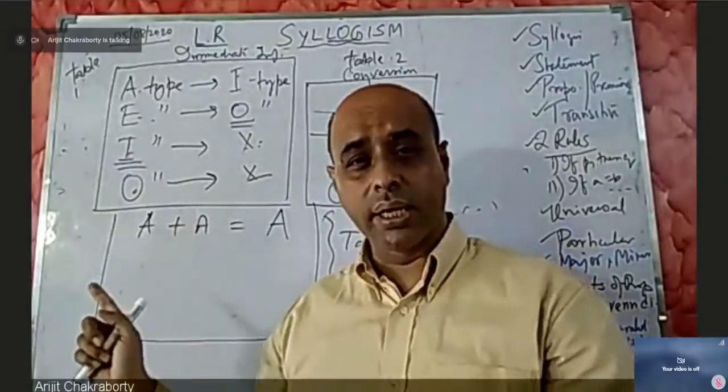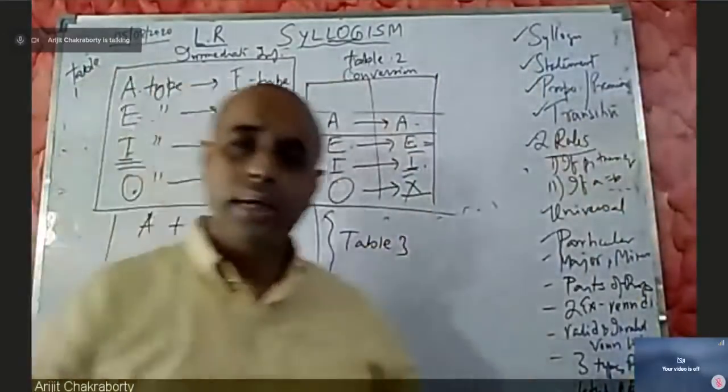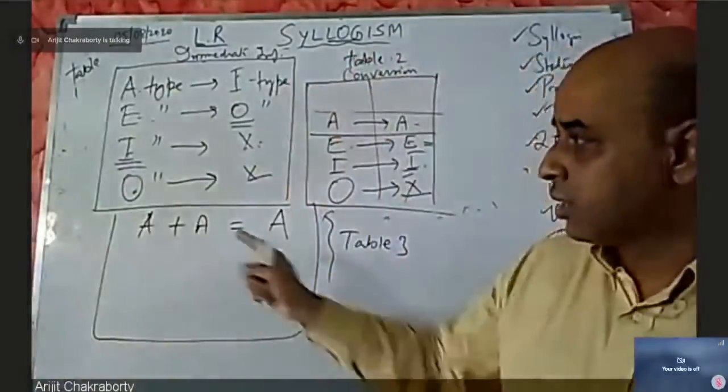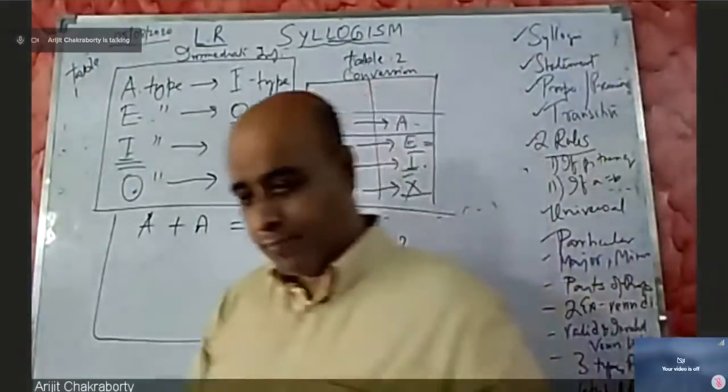I'm sure it's getting clear to you because we have done the entire foundation. So many concepts we have cleared so that we can reach this level. When two propositions are given and both are A type, the conclusion is A type.